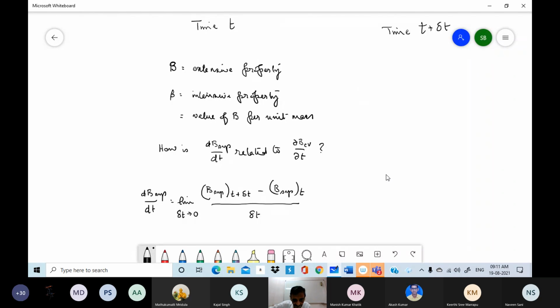Now the extensive property would be the value of B over each region of space. So let me consider the regions separately.